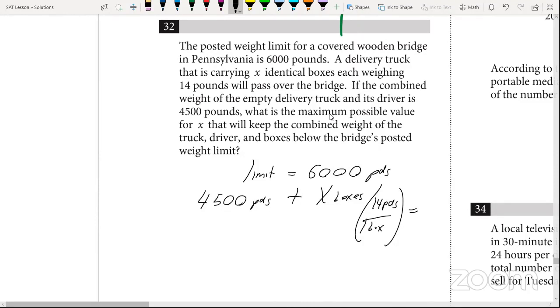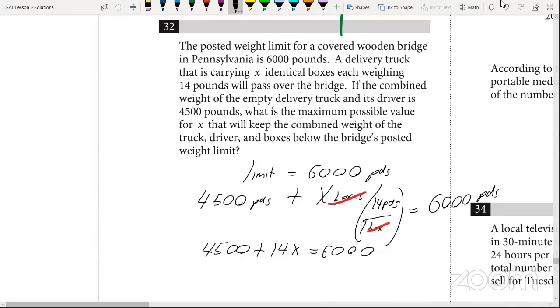So this is kind of like a linear type of equation with a unit conversion in it. And that should all come out to 6,000 pounds. So now canceling units here, boxes cancels with boxes. And so that simplified comes out to 4,500 plus 14x equals 6,000.